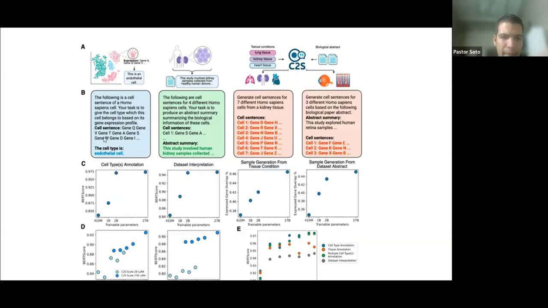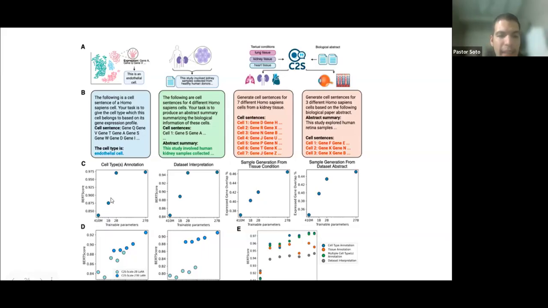In this case, this is just an example, and one thing that I think is most remarkable about this research is that it will allow scaling with the growth of LLMs. As LLMs get better, now that they have this approach to input the cell's information as a sentence, they will scale with the advance of large language models.